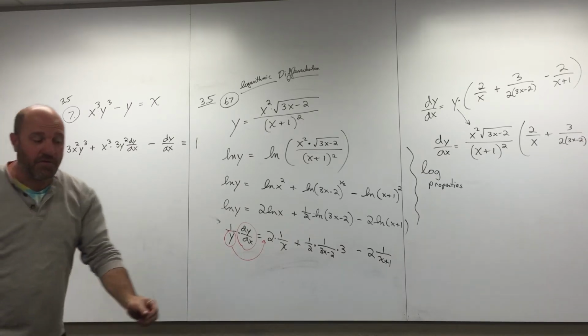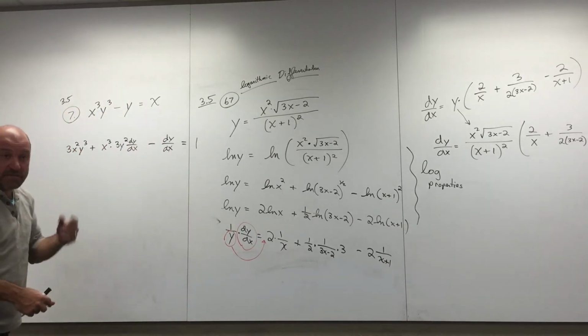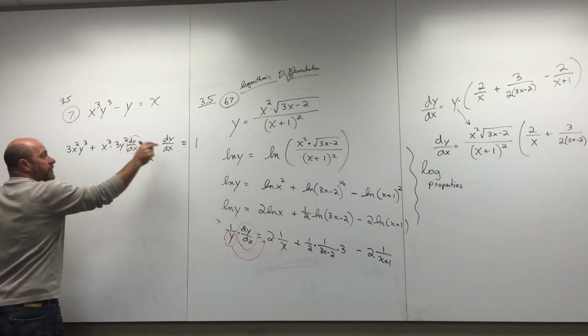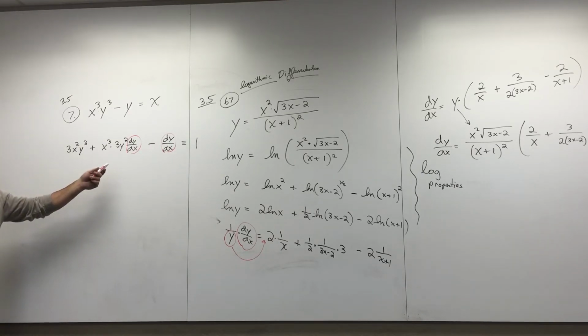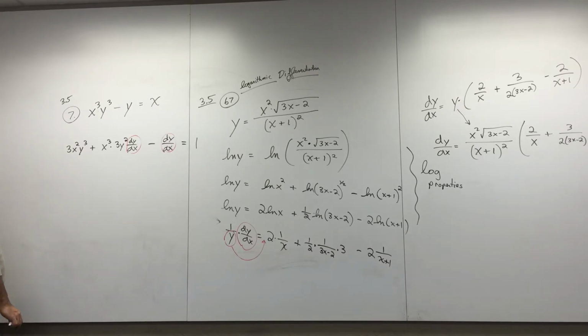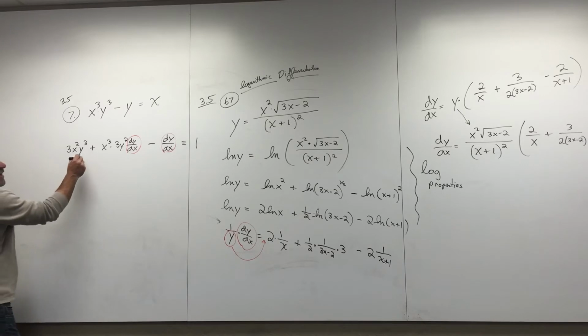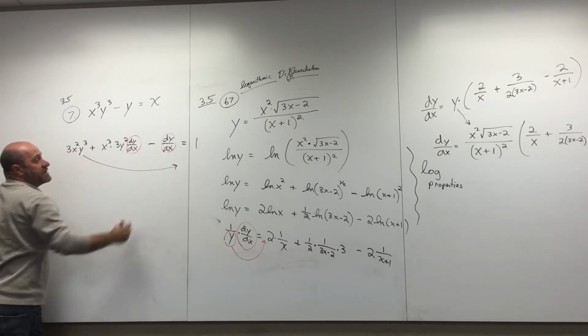Where's the derivative? The derivative is that dy/dx term, and we would like to solve for that. So now it's an algebra game to solve for that. How would you solve for it? Okay, I think I heard you say, first move this guy to the other side.